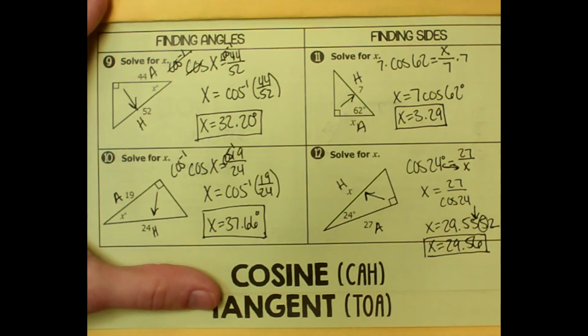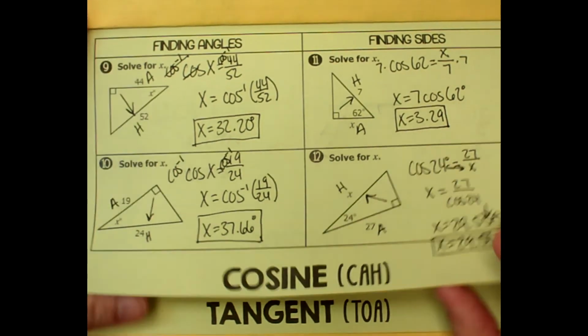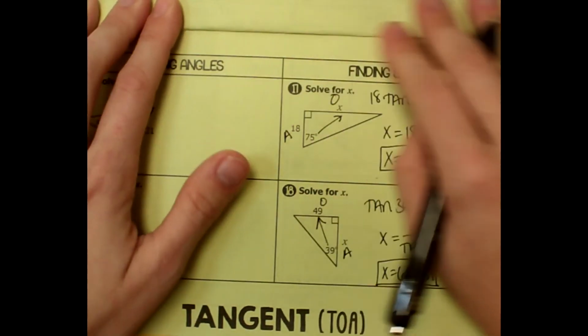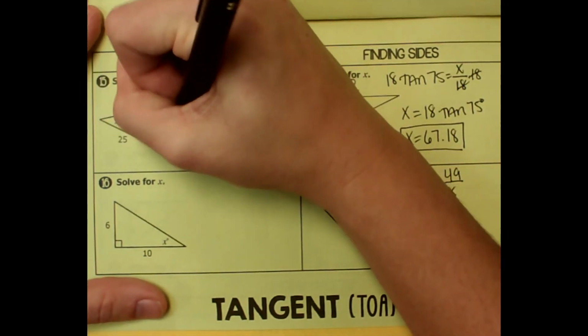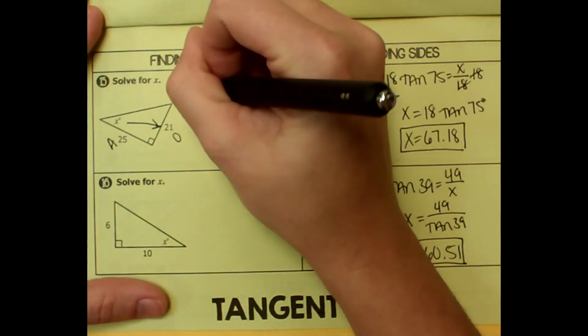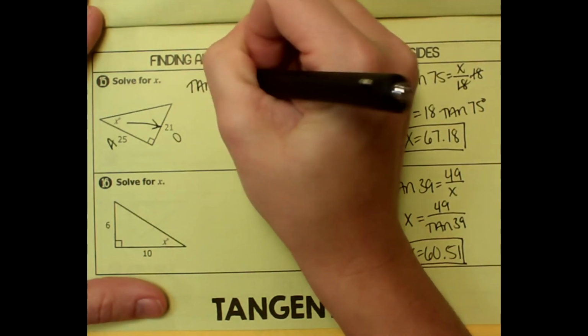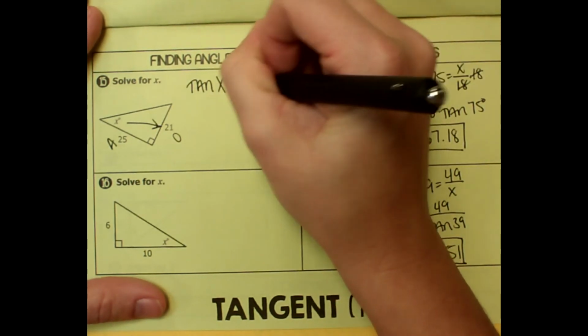All right, so 2 more. Let's look at the tangents. Number 15 and 16. Here's your opposite, and then here's your adjacent. So tangent of x is equal to 21 over 25.